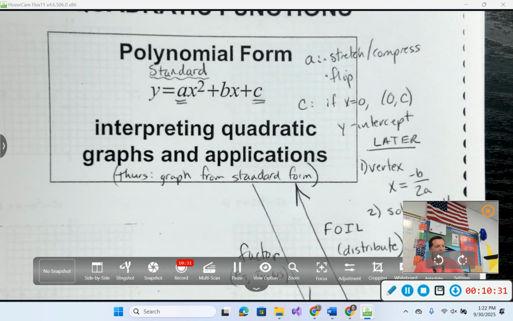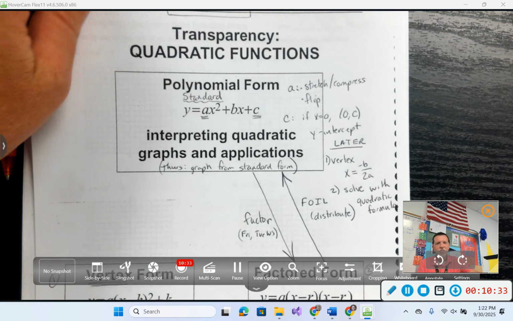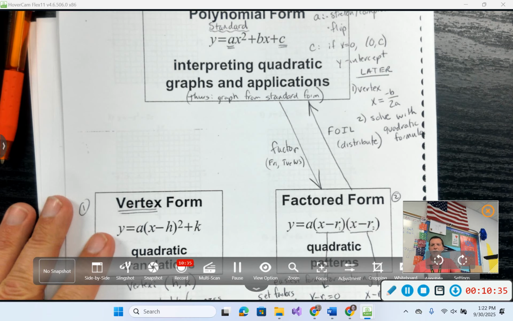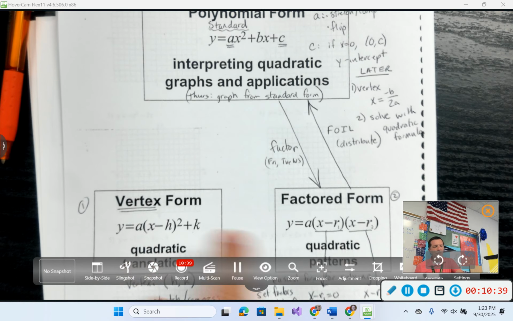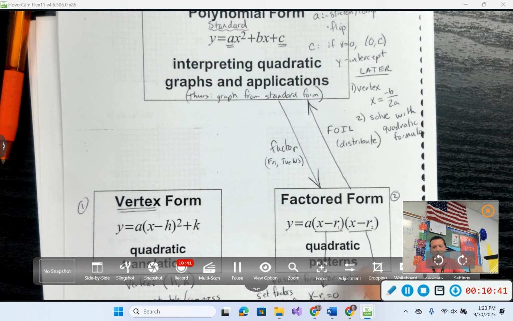So again, we're trying to just see that there's different ways to write a parabola, write a quadratic, and some ways are helpful for some things, but not helpful for others, and we want to be comfortable with all of them. So today really is just step back, appreciate, understand the connections between them.